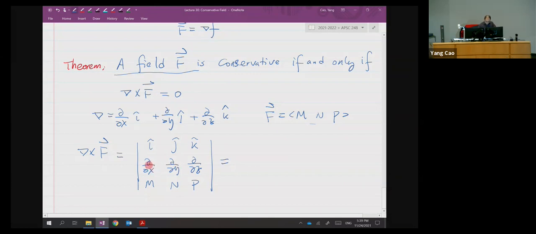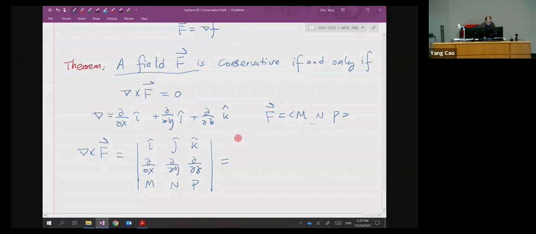If you multiply this element with this element, that means you're calculating partial derivative of N with respect to x. If you multiply these two elements, then you calculate partial M with respect to y. That's how they operate.